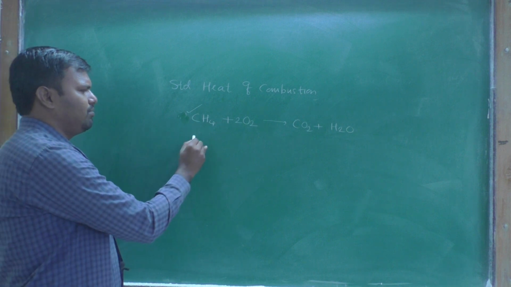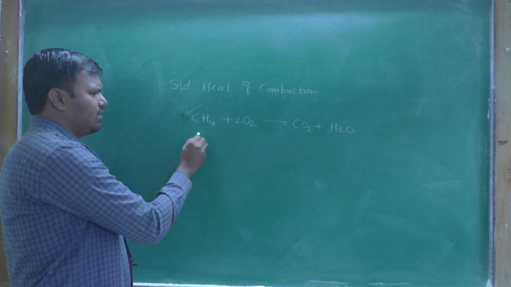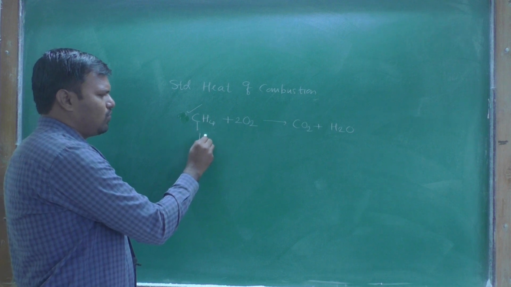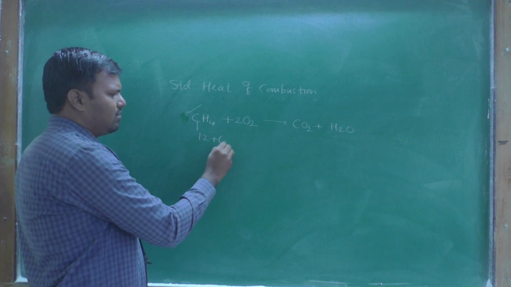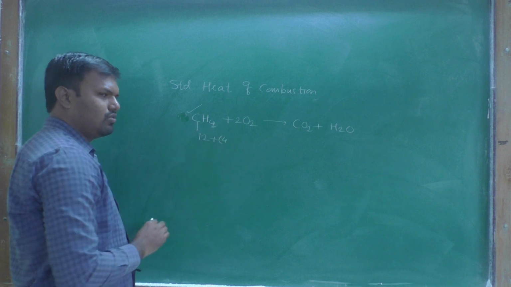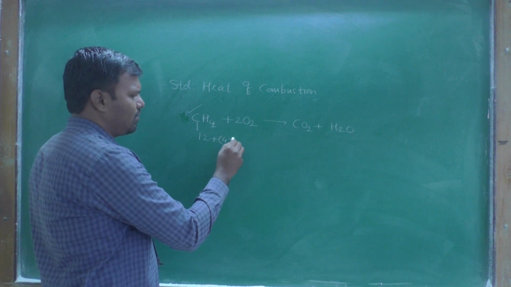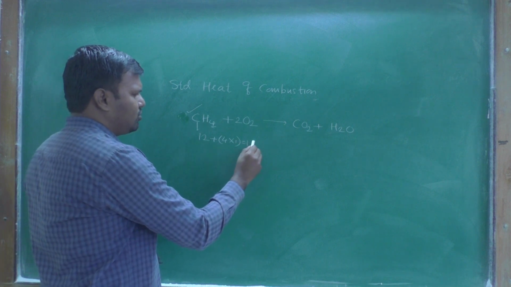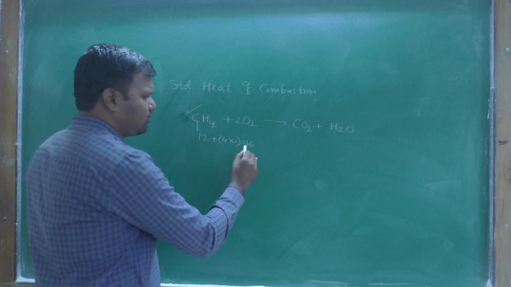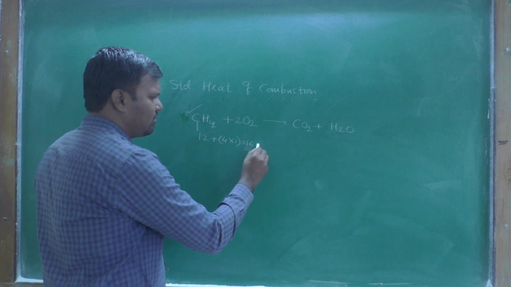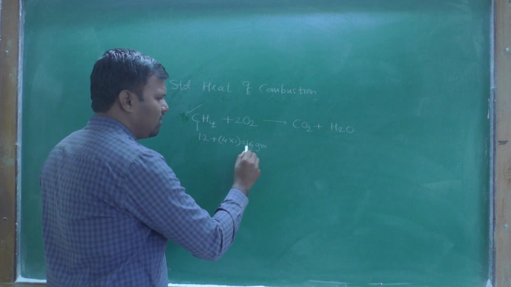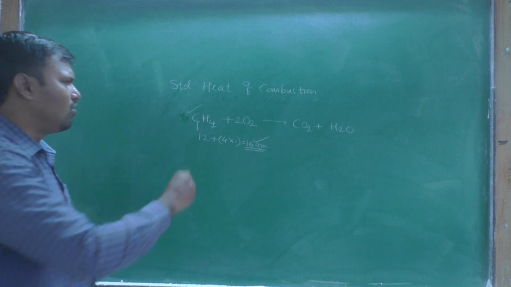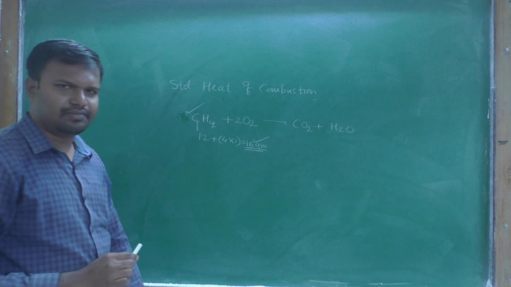The 1 mole quantity of methane can be calculated as carbon has atomic weight 12 and hydrogen has atomic weight 1 each, 4 plus 12. Therefore, totally you will obtain 16 gram, and this quantity is 1 mole of methane.